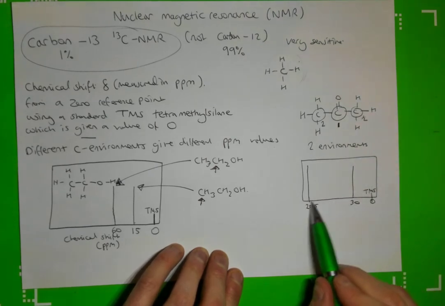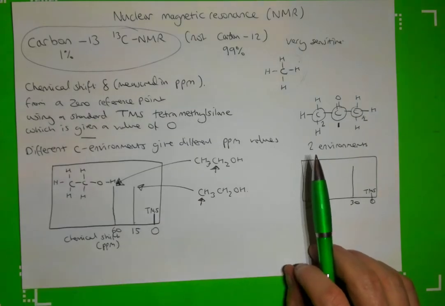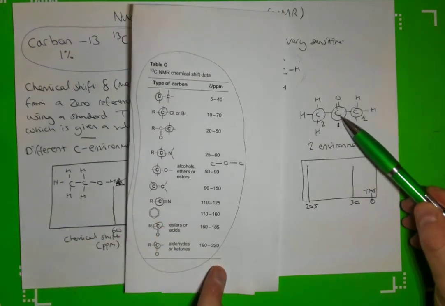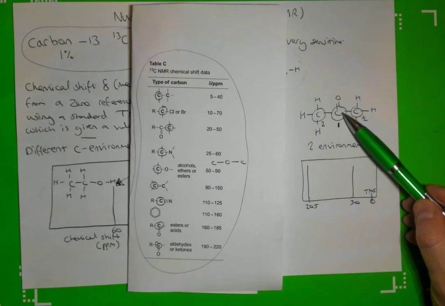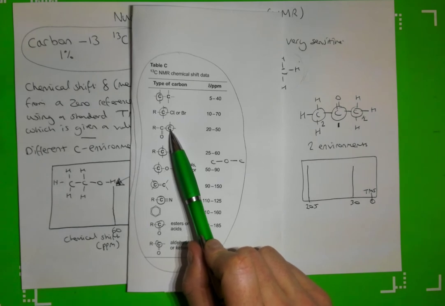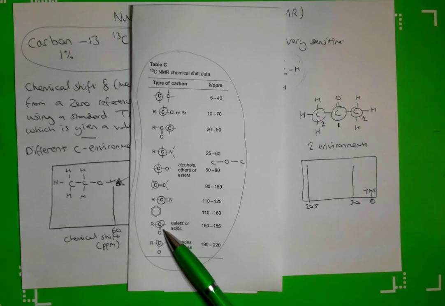Now we've got to work out which peak corresponds to each environment here. We use the data sheet for that, remember? So what we're looking for here for environment number 1, well, we're looking for a carbonyl-carbon. So it's not that one, because that is a carbon next to a carbonyl. We're looking for a carbonyl-carbon, so it's either going to be this one or that one.